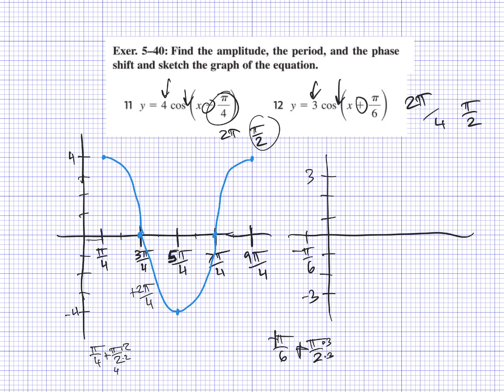So negative 1 plus 3 is 2 pi over 6. So this is 1 pi over 6. We need to get to 2 pi over 6 or pi over 2, okay? So what I'm saying is pi over 6 is 30 degrees.